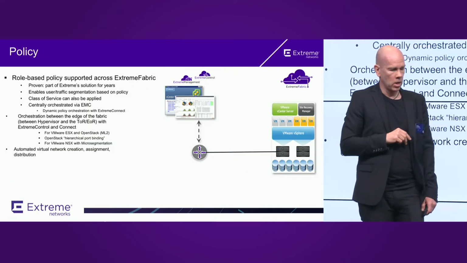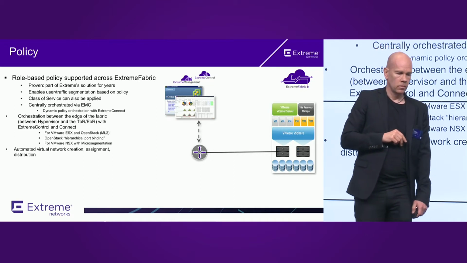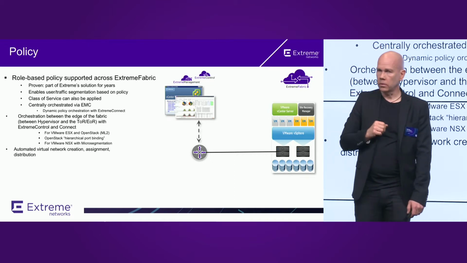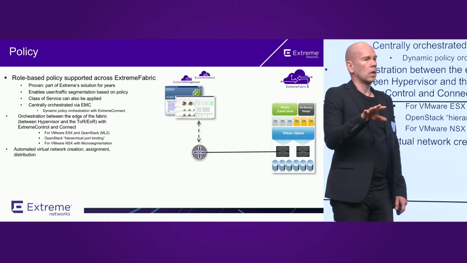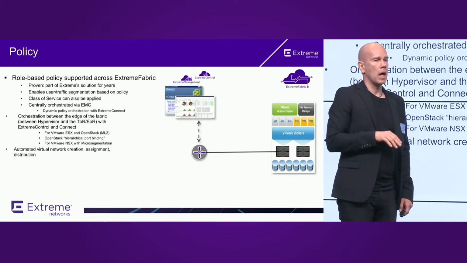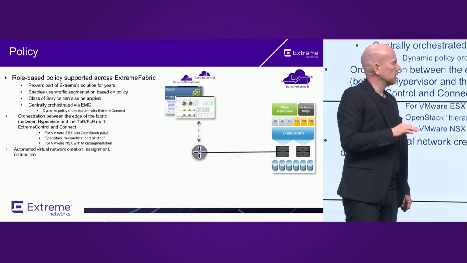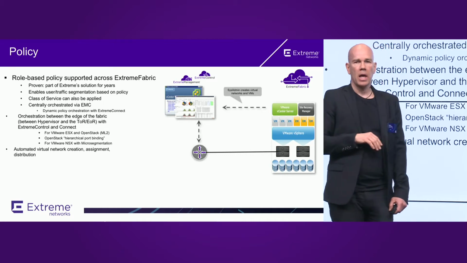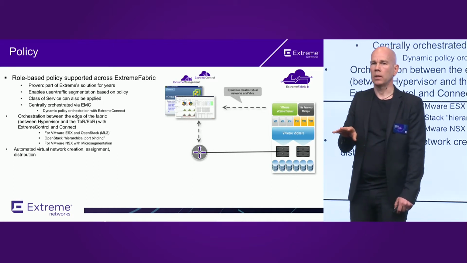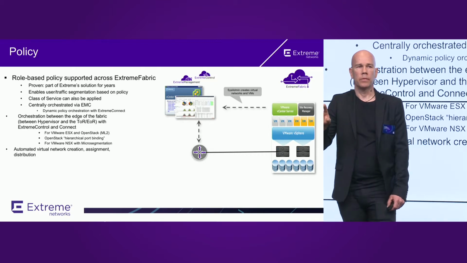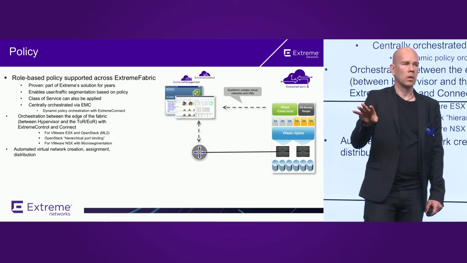So, policy. Let me try to walk you through this slide on a high level. What this basically starts with is a sysadmin creating a VM, a virtual machine, and a virtual network.